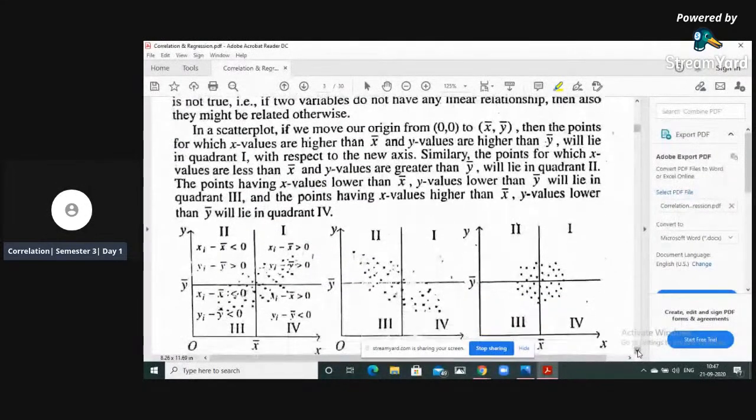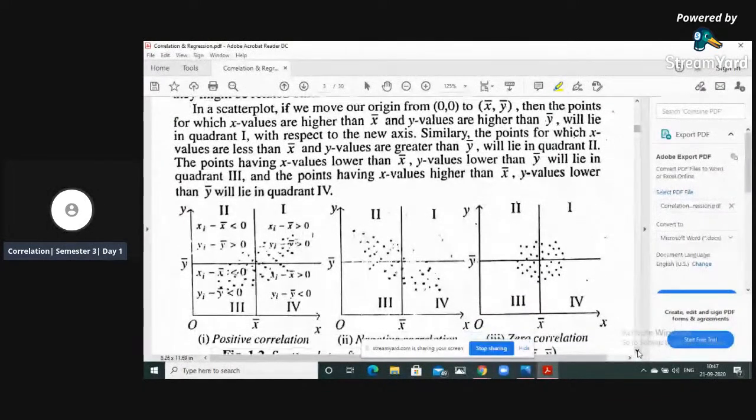Next, we shift our origin from 0, 0 to x bar, y bar. Then, the points for which x values are higher than x bar and y values are higher than y bar will lie in quadrant 1.